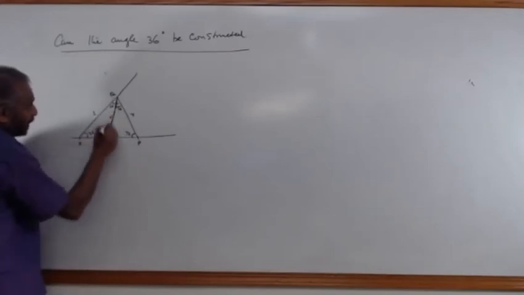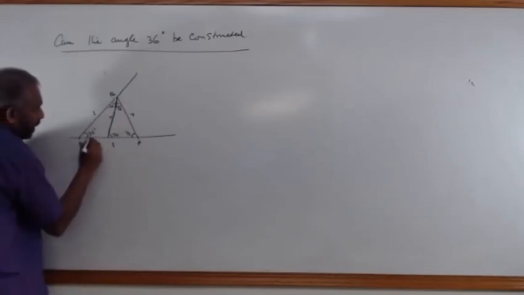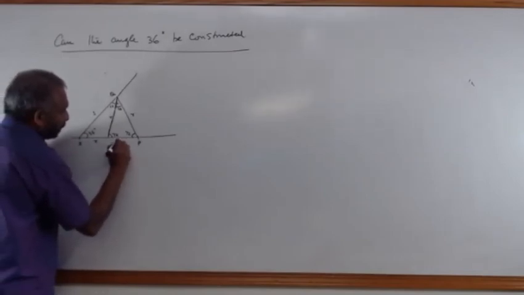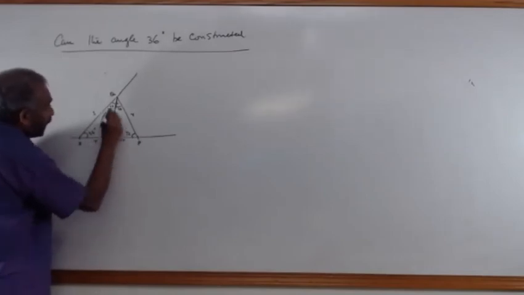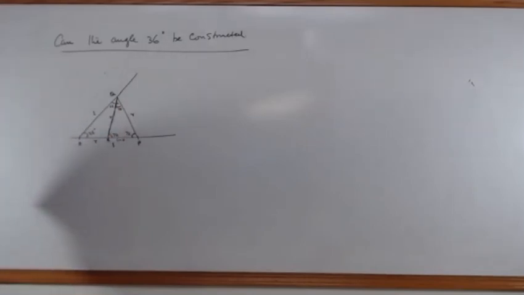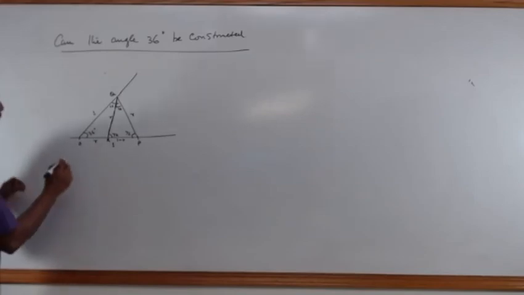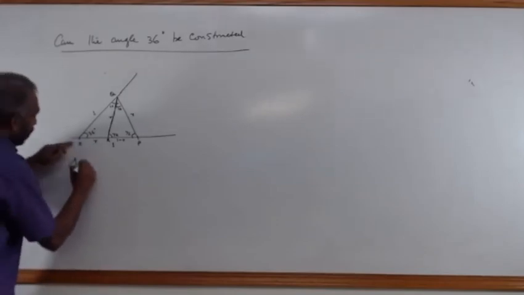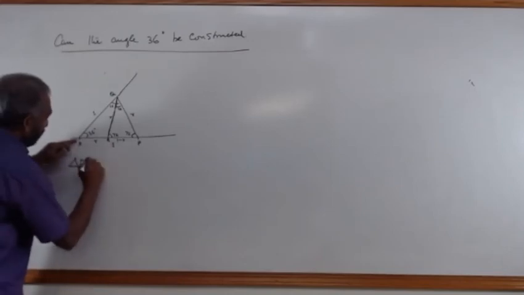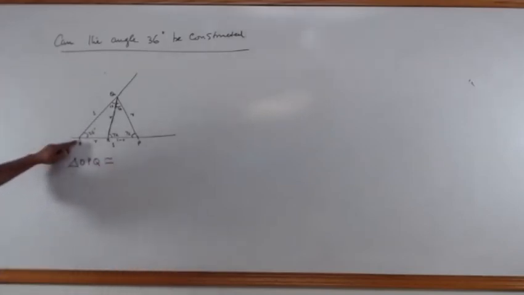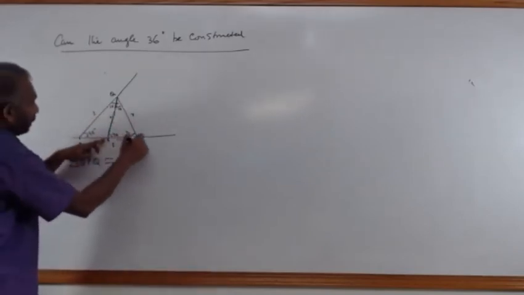And this also is an isosceles triangle. So if this is r, this is r. So this will be 1 minus r. So let us make this as r. So here the triangle OPQ is similar to this triangle.